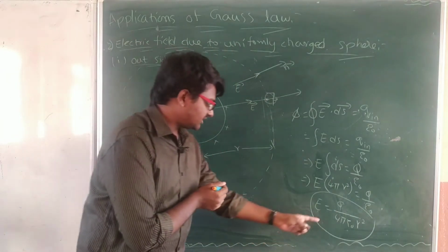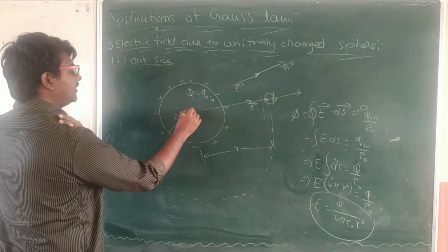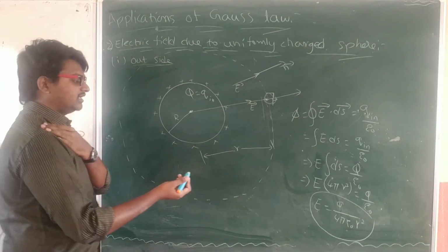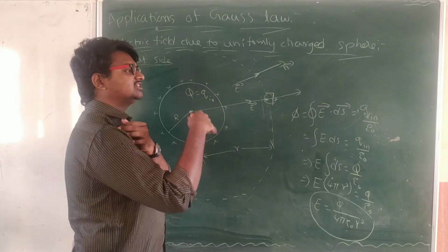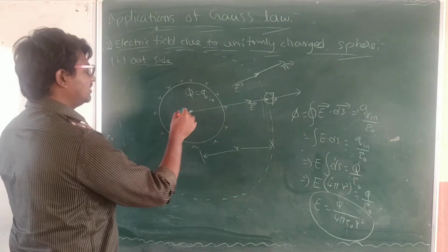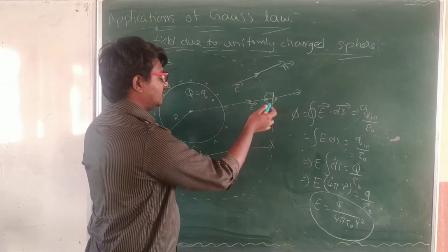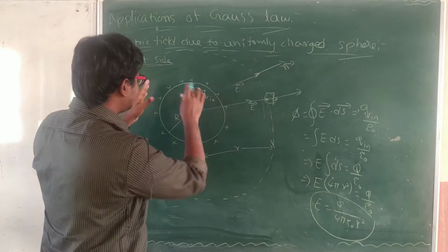If you observe this carefully, that is nothing but the answer for a small point charge, at a point P at a small distance r from the point charge. The same answer came for the total sphere also.